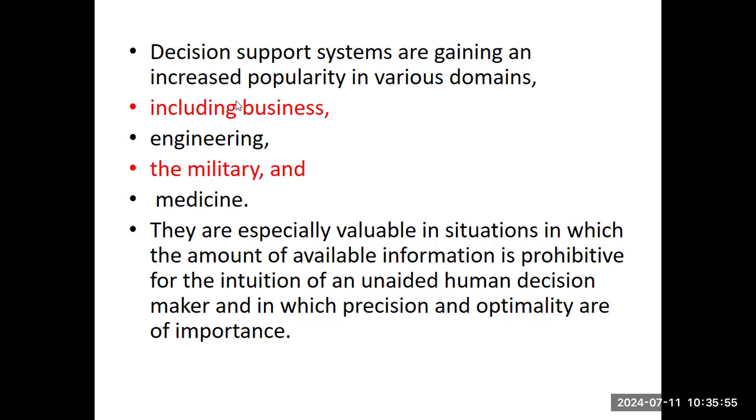They are especially valuable in situations in which the amount of available information is prohibitive for the intuition of an unbiased human decision maker, and in which precision and optimality are of importance.